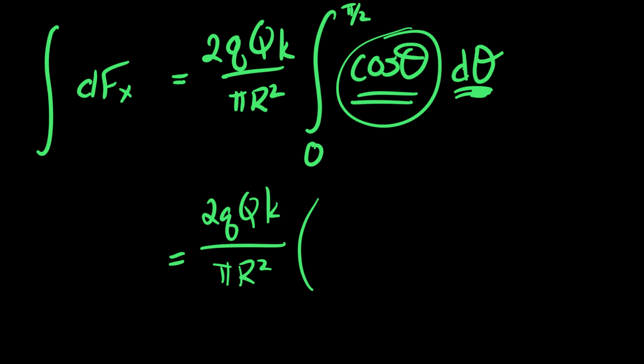Now, the antiderivative of cosine is sine. It's not particularly hard. It's on your equation sheet that you'll get to. But that's the antiderivative. So I just write the antiderivative function here. Not quite done, but close to being done. We then bracket it with our limits.